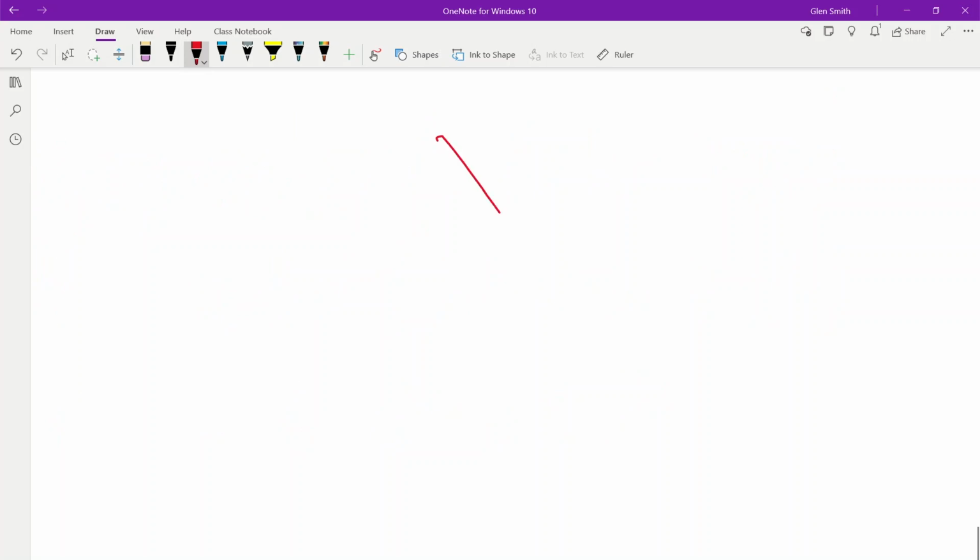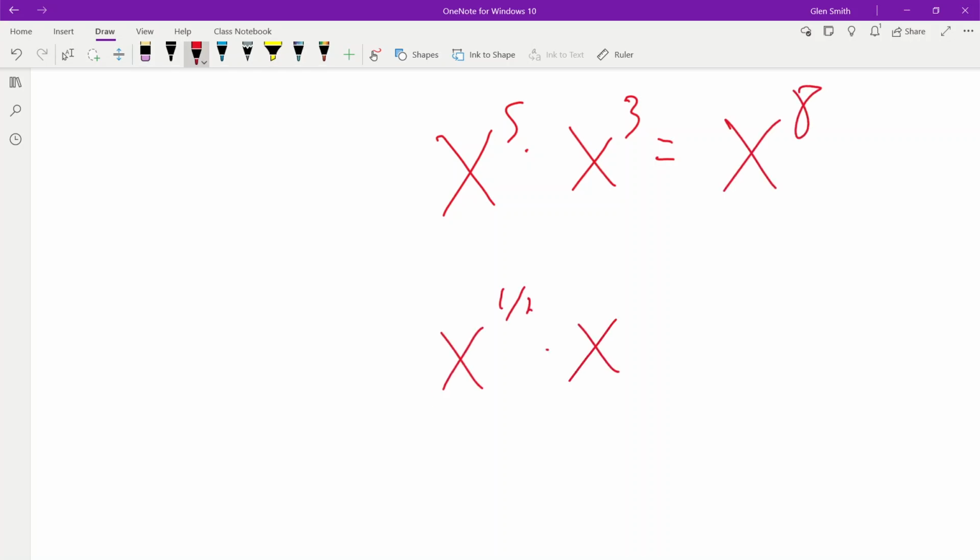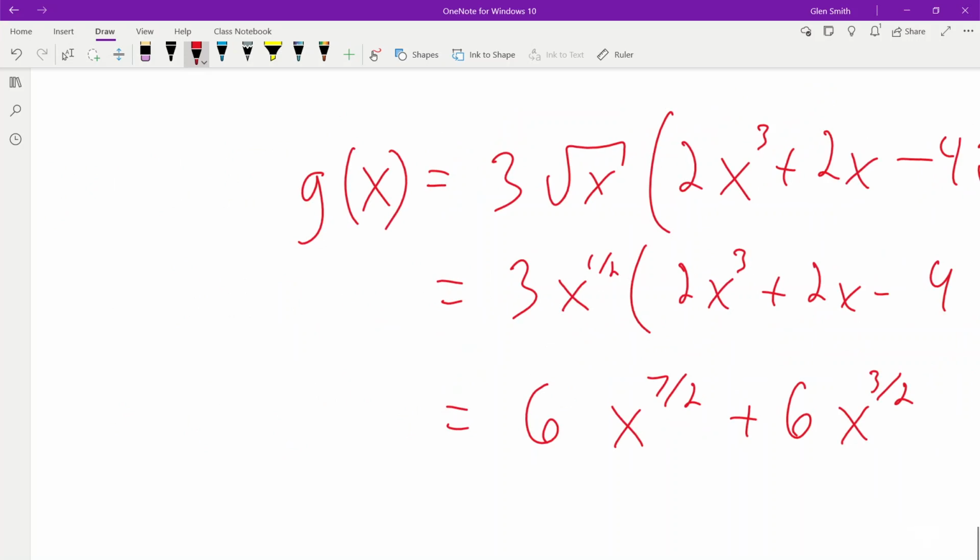Do we agree that x to the 5th times x cubed is x to the 8th? So x to the 1/2 times x cubed is x to the, you add them together. 3 is 6/2. 6/2 plus 1/2, 7/2. Okay?